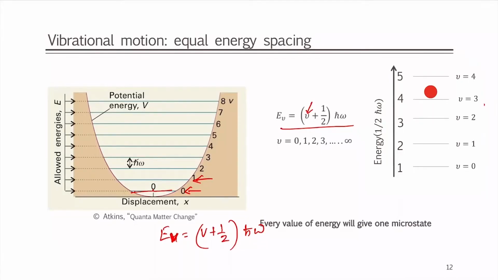Each one will give you 1 microstate, right? Whether it is in level 4 or 5 or 3, it will give you 1 microstate.